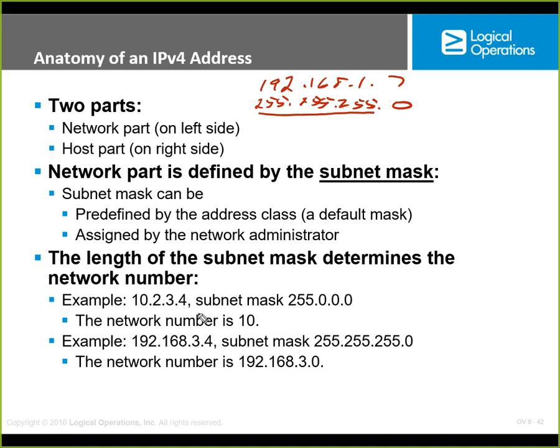With 10.2.3.4 and a subnet mask of 255, the network number is 10. The one that I just did is going to be 192.168.1.0. So the subnet mask tells us how much of the address is network, and once it tells us how much is network, everything else is going to be the host portion of the address.